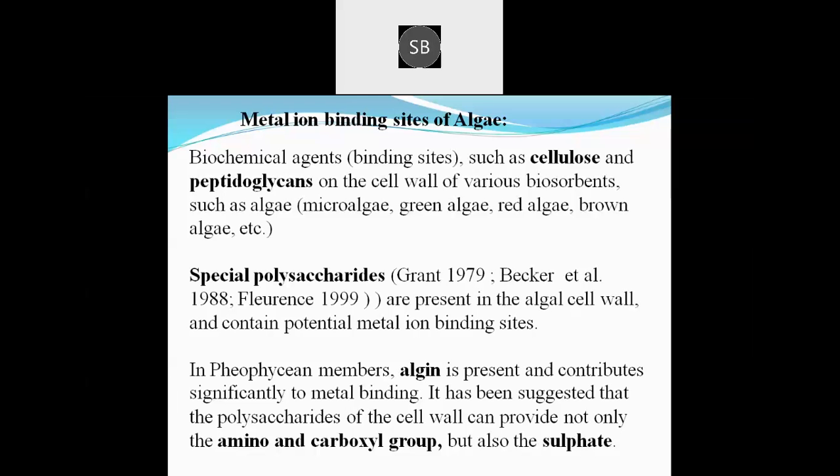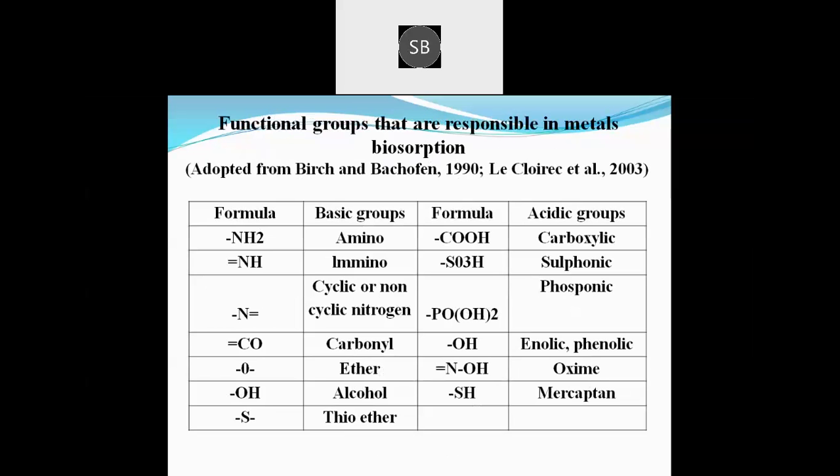Like in Phaeophycean members, alginate is present, which provides amino, carboxyl and sulfate groups for the heavy metals to adsorb. Okay, so what are the important things present in the algae? That is the metal ion binding sites. So these are the cellulose, peptidoglycans, special polysaccharides. Then in Phaeophyceae, alginate provides so many groups for the heavy metals to adsorb. Next slide, ma'am.